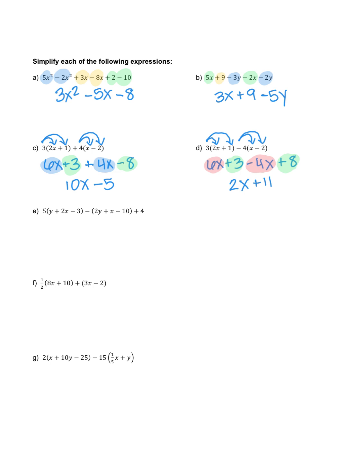Letter E. 5 gets distributed. Because we have the parentheses, we know we have to do distribution before we do anything. 5 times y is 5y. 5 times 2x is 10x. 5 times -3 is -15. Now we see we have this negative sign.